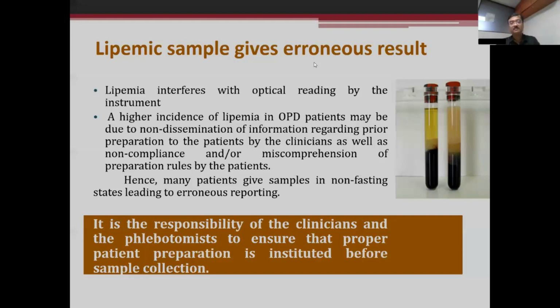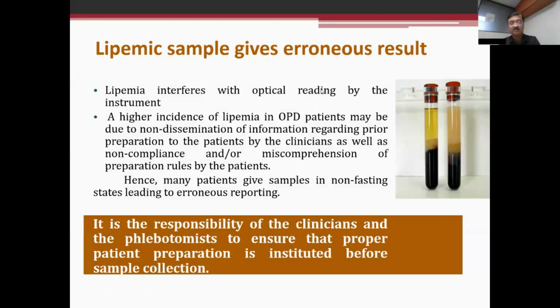Next, lipemic samples. As you know, if the sample has lipemia, it interferes with the optical density and interferes with immunoturbidimetry. So a lot of parameters are affected if the sample is lipemic. Lipemic means you will have a milky white serum.